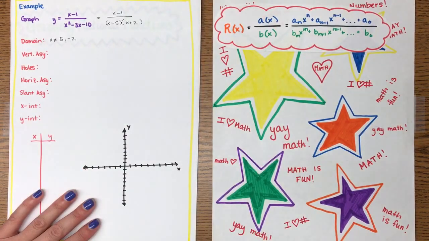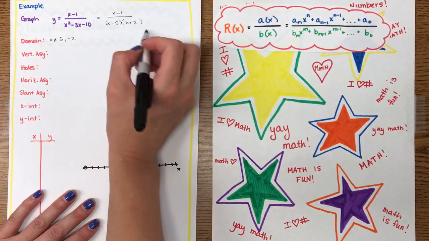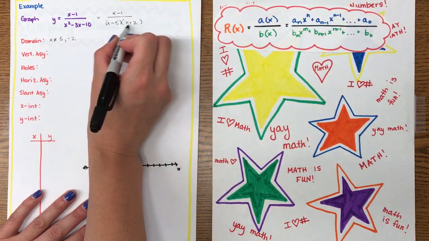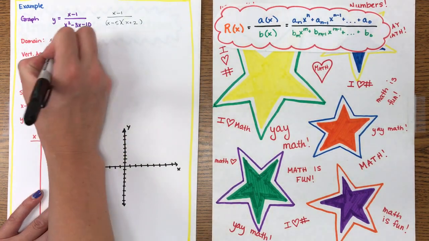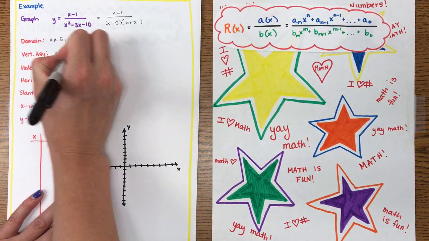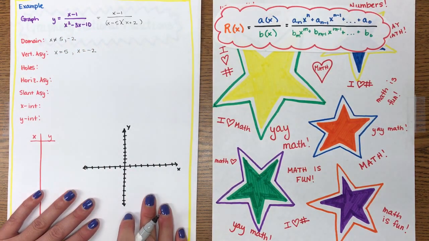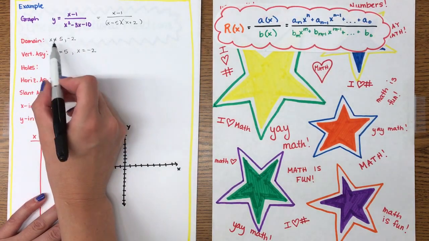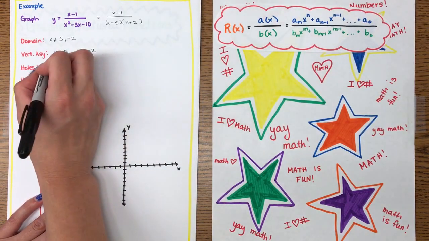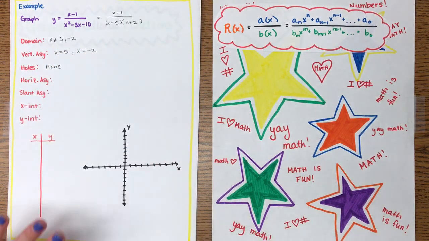Nothing canceled out, so the denominator exclusions are going to become vertical asymptotes. So my vertical asymptotes are at x is equal to 5 and x is equal to negative 2. Because all of my domain restrictions turned into vertical asymptotes, there are no holes in this graph.